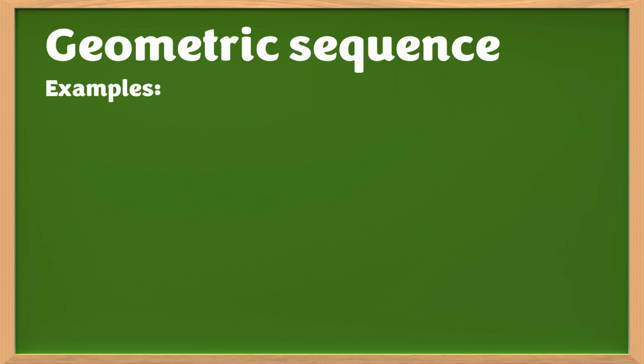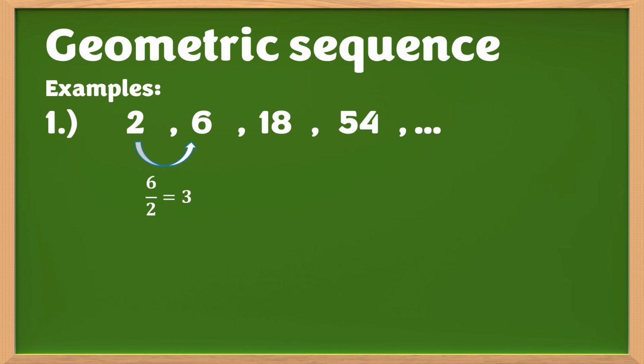Examples of geometric sequence. In number 1 we have 2, 6, 18, 54. First, we're going to determine the common ratio. The second term is 6 and the first term is 2, so we will just divide 6 by 2. 6 divided by 2 is equal to 3.